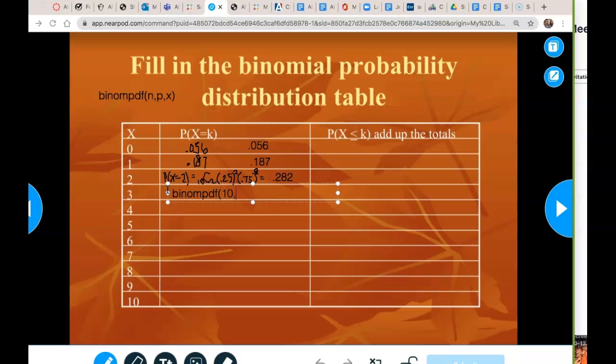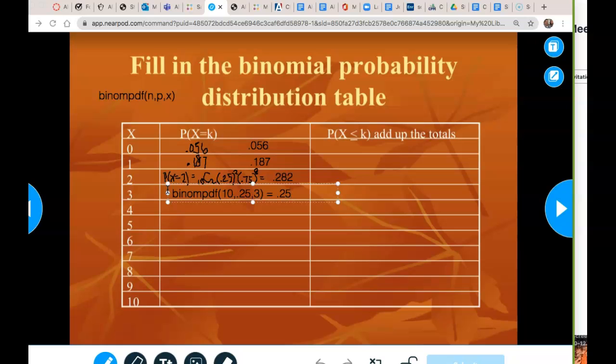There are 10 questions. p is 0.25. x is 3. Okay, where do you find a binomial PDF? That is in second VARS. Press second VARS. Go to binomial PDF. We should get 0.25. Remember, that was pretty likely to get 3 questions right.